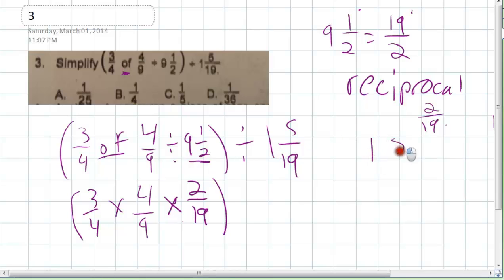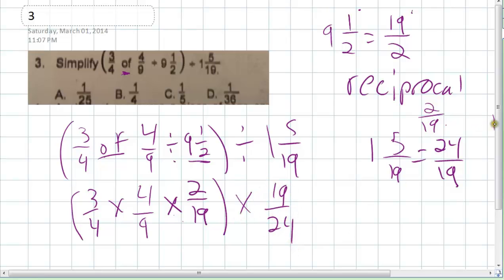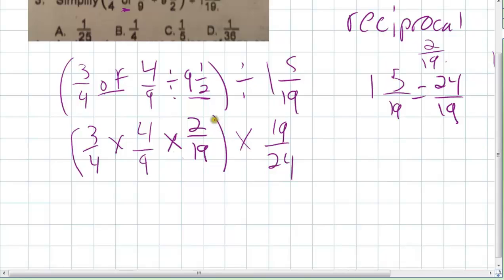So 1 and 5 over 19. So we're going to take 19 times 1 and then add 5 to give us 24 over 19. Okay, so then now we're going to take the reciprocal of this too, so that we can multiply by 19 over 24. Now that we have parentheses all the way through, we can ignore these.